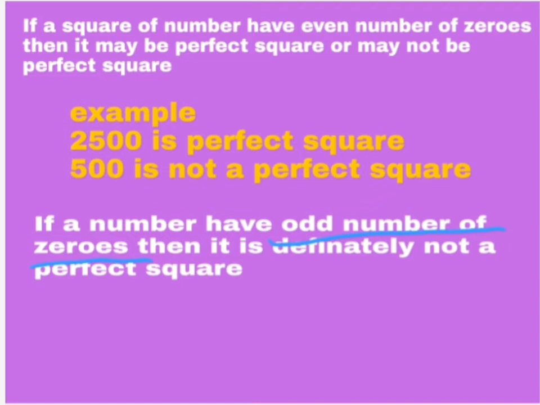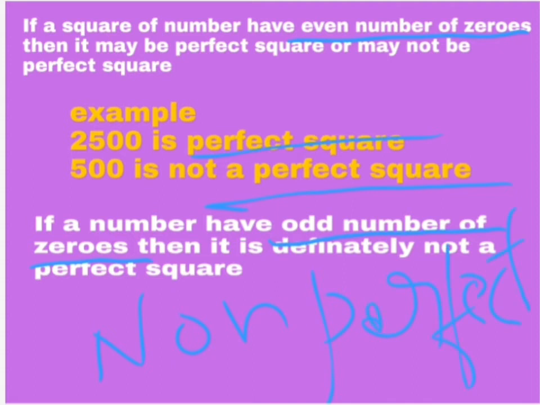Okay, so if you are getting an even number of zeros, it may be perfect or it may not be a perfect square. But if you are getting an odd number of zeros, then it is definitely non-perfect. There is no confusion in that and there is nothing to check for that.